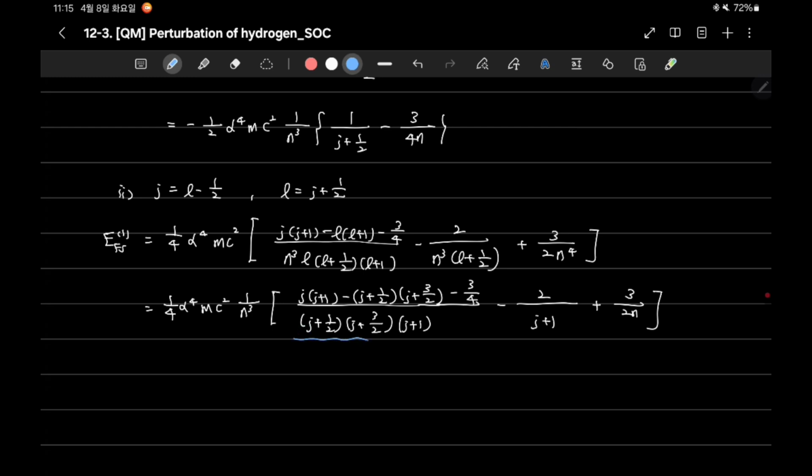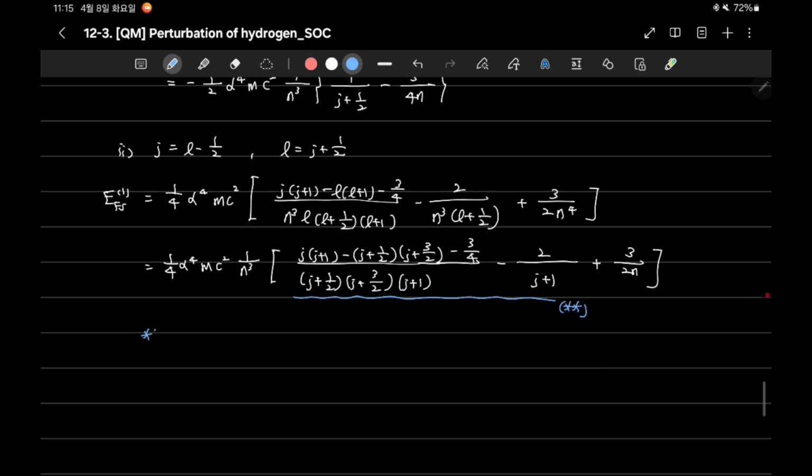So let's calculate this term. It is a 2 star. Then 2 star is that j plus 1 half, j plus 3 half, j plus 1.